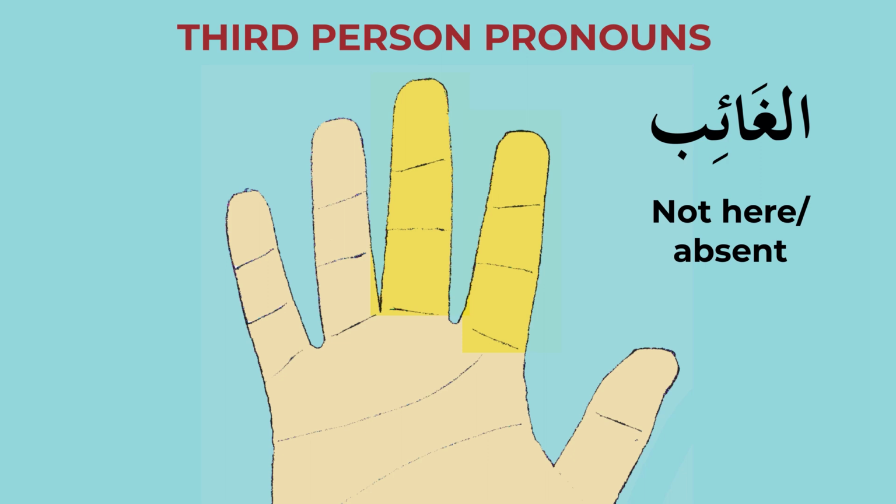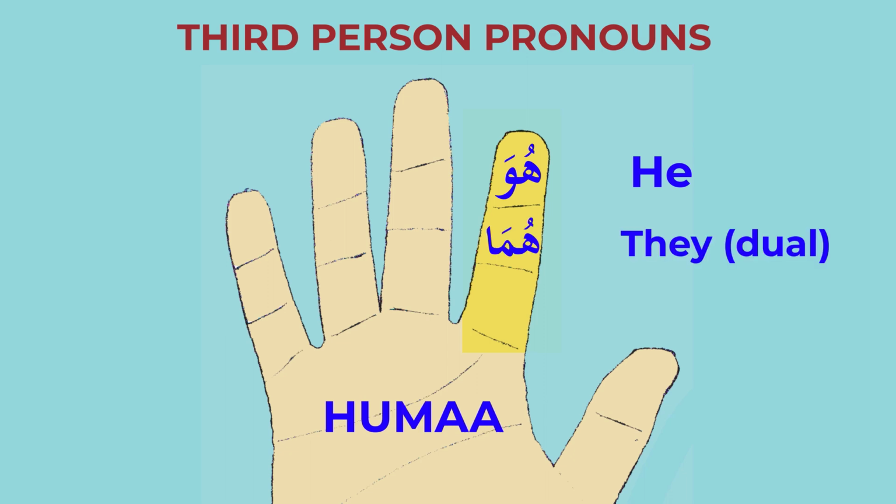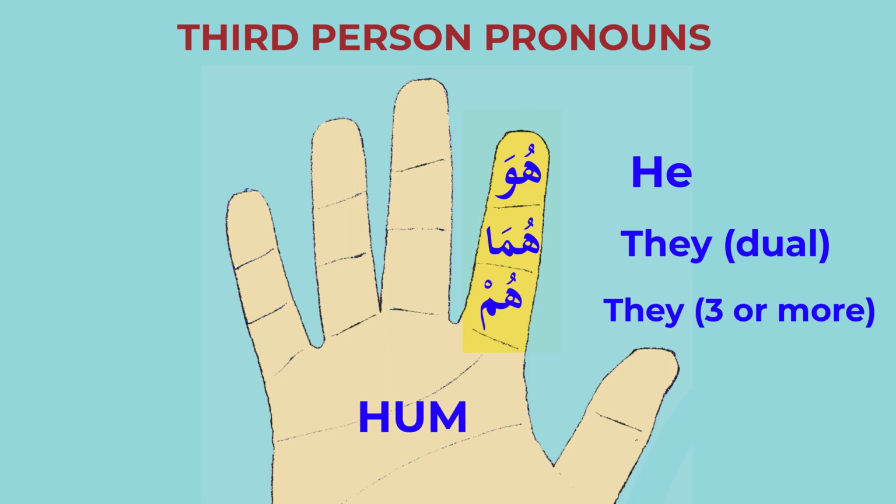We start with singular. What is the singular, brothers and sisters? Huwa. What is the next one? Dual, huma. And what is plural? Hum. So he, they two, and then they. Now this, as you know, is masculine.